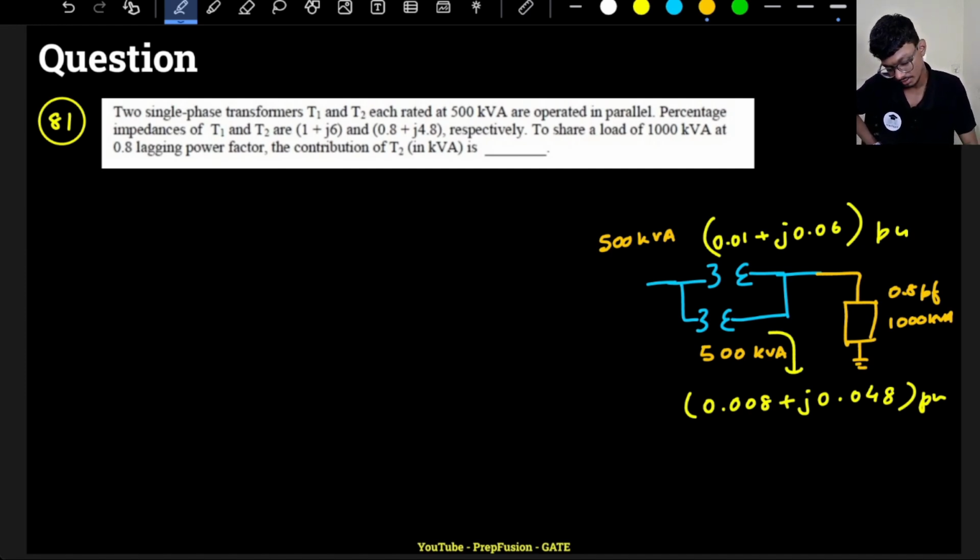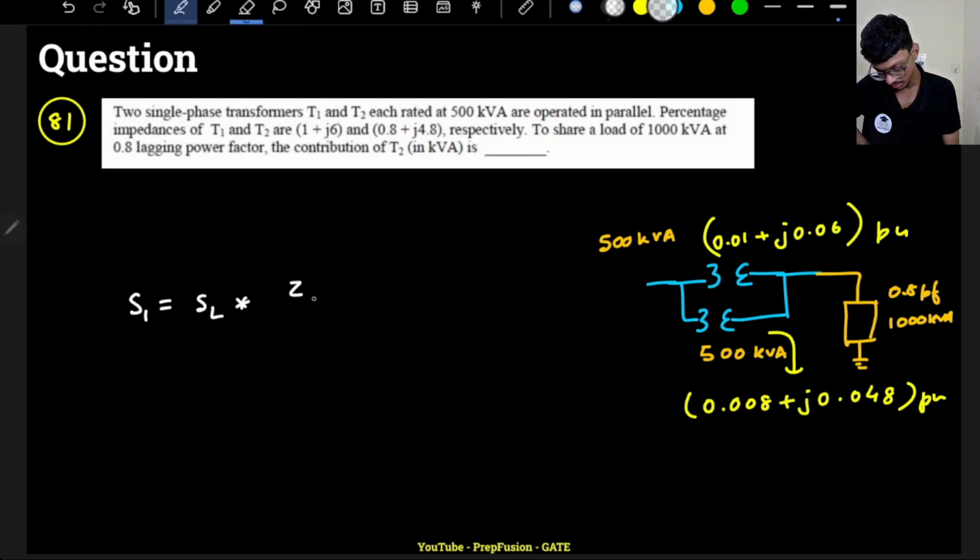We can use our formula. The formula of S1 will be equal to SL into the opposite impedance, that is Z2 divided by Z1 plus Z2. If you remember, it was the opposite impedance.